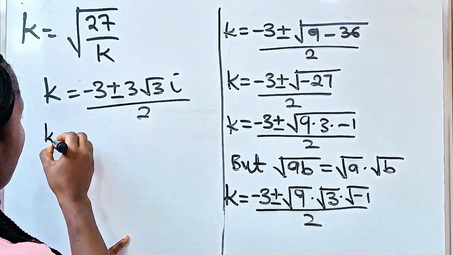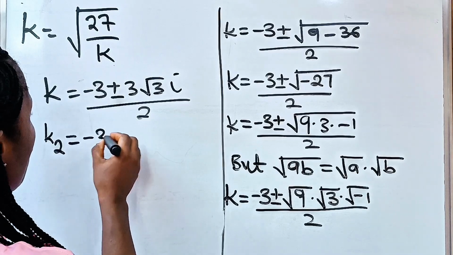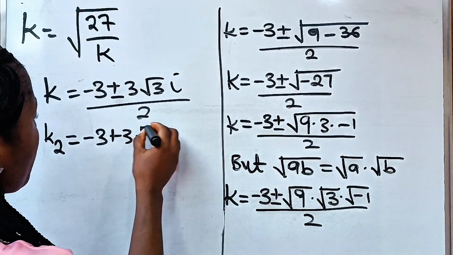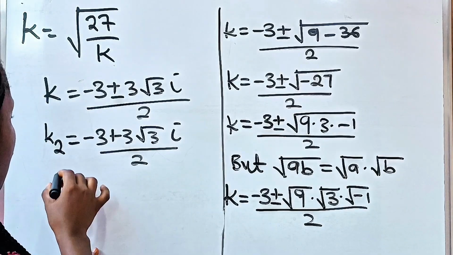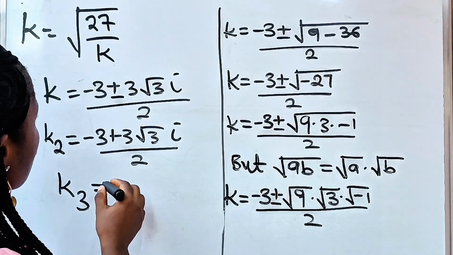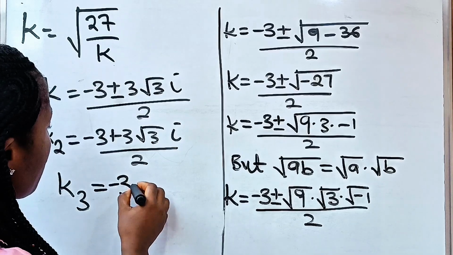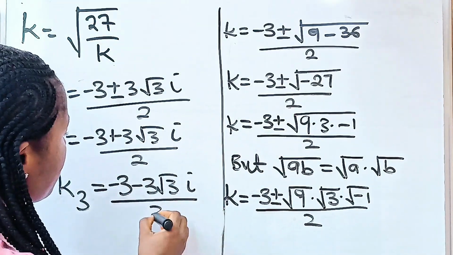Therefore, the second value of k is equal to minus 3 plus 3 root 3 i divided by 2. And the third value of k is equal to minus 3 minus 3 root 3 i divided by 2.